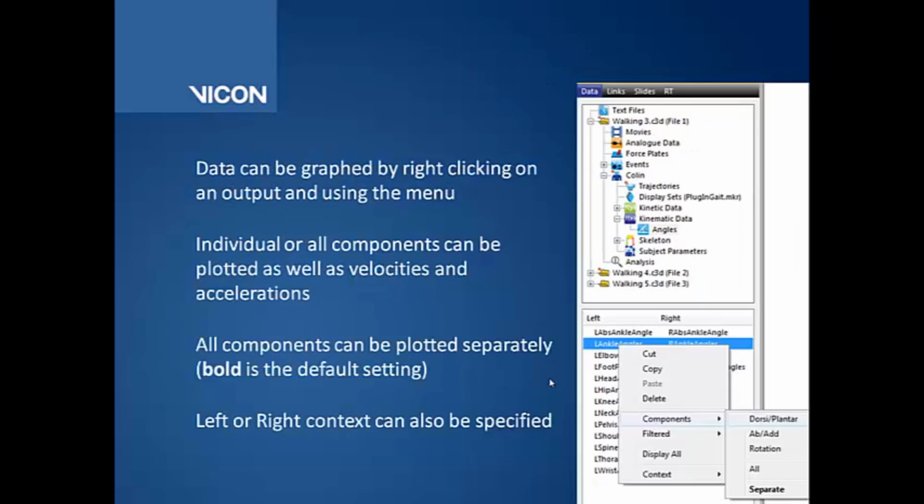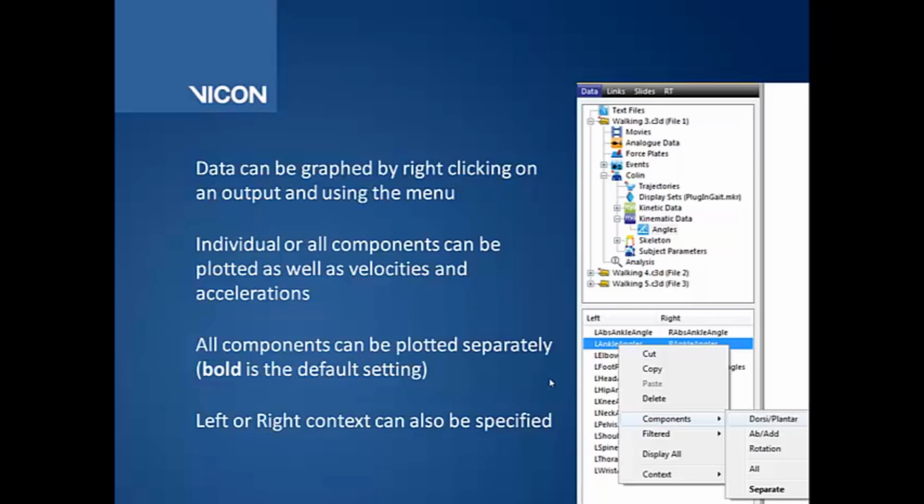Another way to go about adding in those graphs is right-clicking on those processed outputs and using the right-click menu. You can graph either individual components or all components. You can also plot angular velocities and angular accelerations for those joints under the filtered options there on the right.